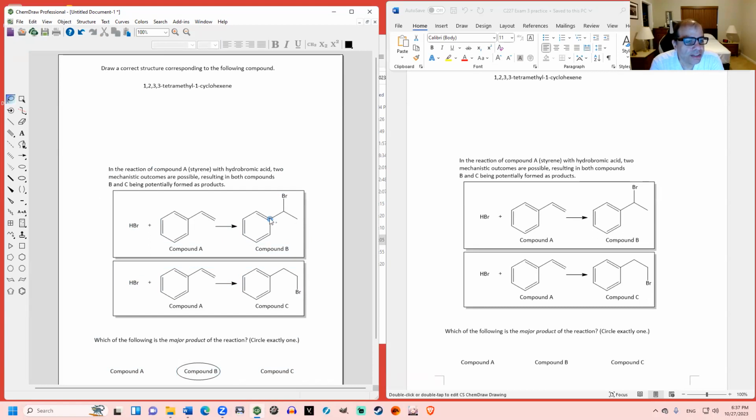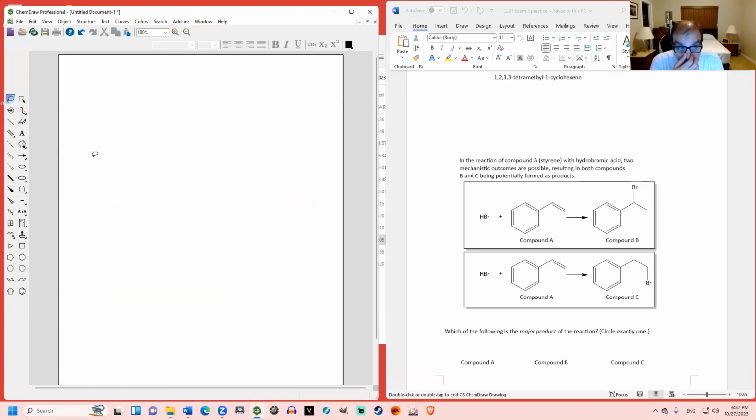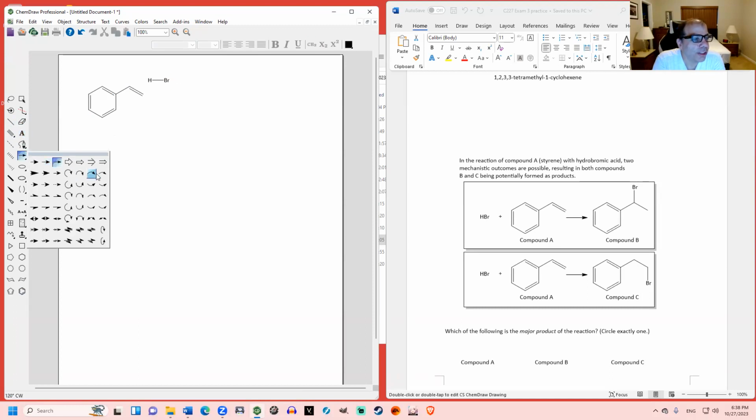Well, what the heck? Since I have a feeling we're going to have all kinds of time, let's review that mechanism by which we get compound B. This is a mechanism we've known since chapter 6, so hopefully it's very familiar.